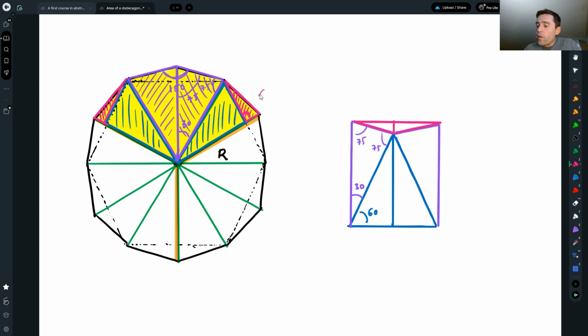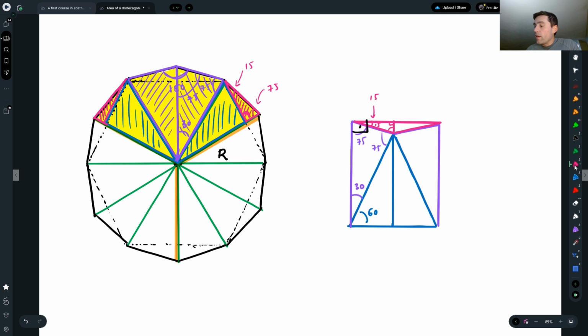This one over there is half of one of those. So this one is 75. So this little one has to be 15. So here I have 15, and this is 75, and those are a right triangle, a right angle over here. So this one is 75 plus 15, so it is also a right angle.